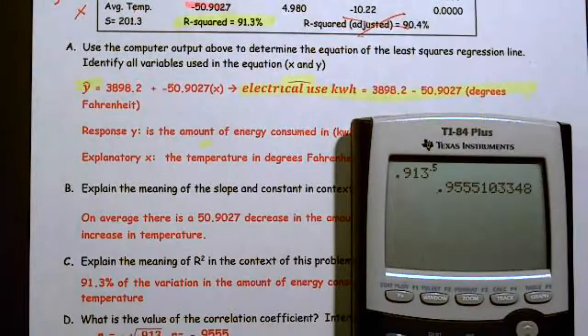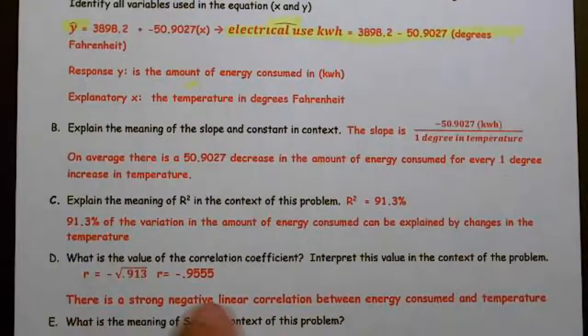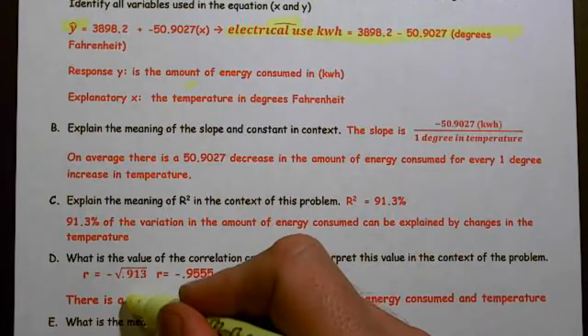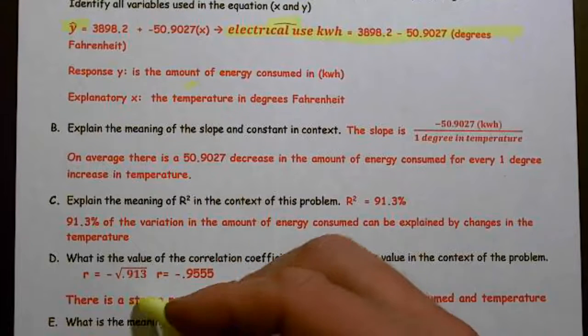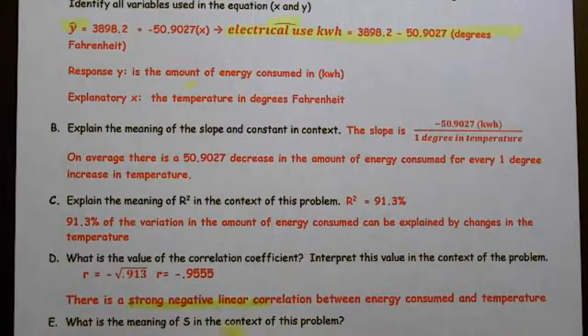And the sign of our slope is negative. So in this case, our R value is negative 0.955. And we have to say that is a strong relationship. We have to have these 3 words: strong negative linear relationship, or correlation, between energy consumed and average temperature.